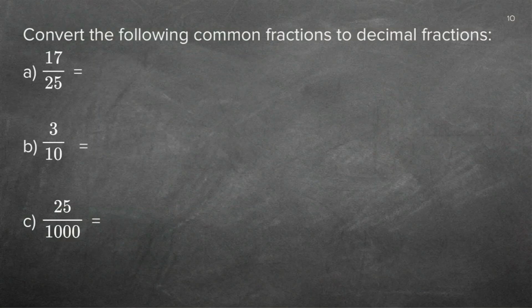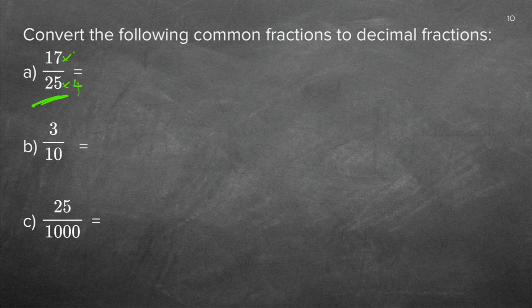Also, they can ask us to convert the following common fractions to decimal fractions. So what do we always have to do? Remember, we must get our denominator as a power of 10. So in order to get 25, we're going to change it to 100. So to do that, we're going to say 25 times 4.